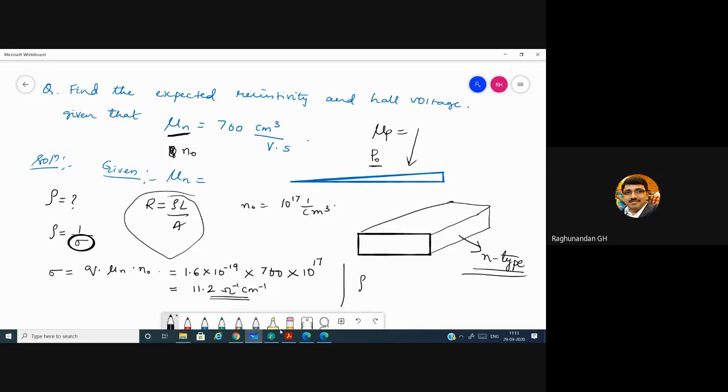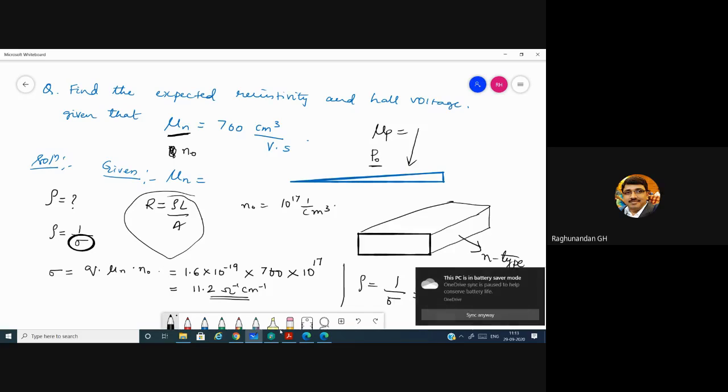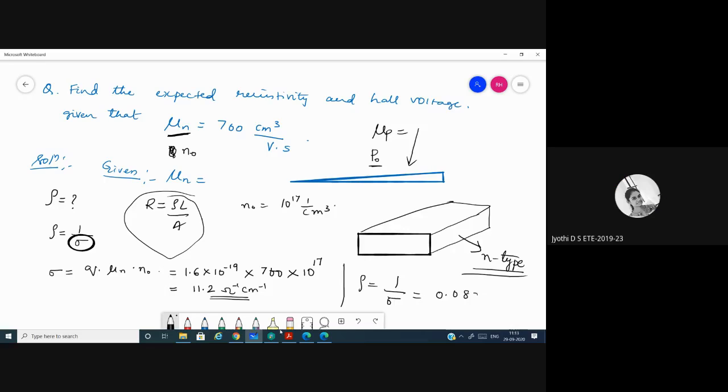Next, rho. Rho is equal to 1 divided by conductivity. What is the answer? Just take the inverse of 11.2. 0.0893, so 0.89.